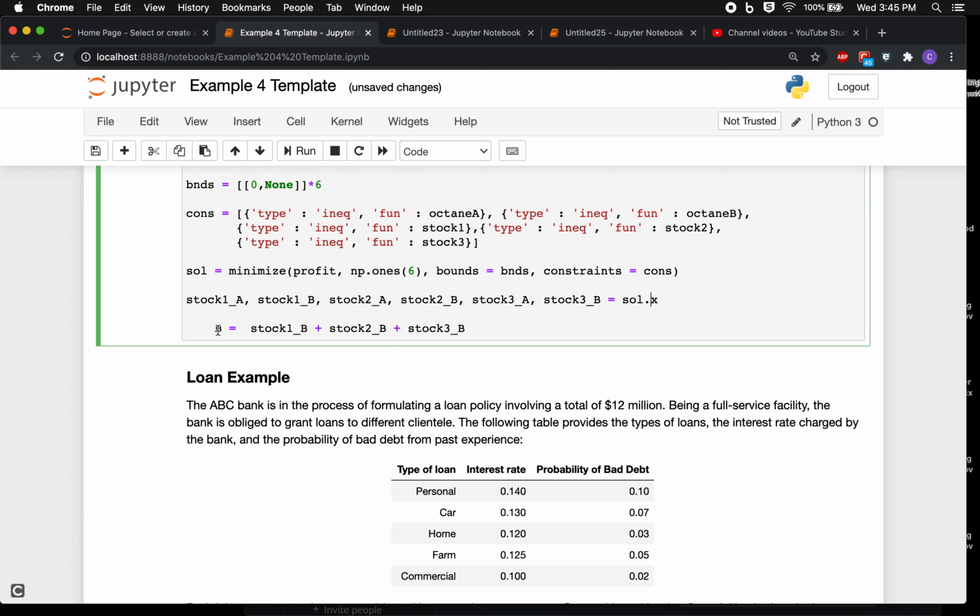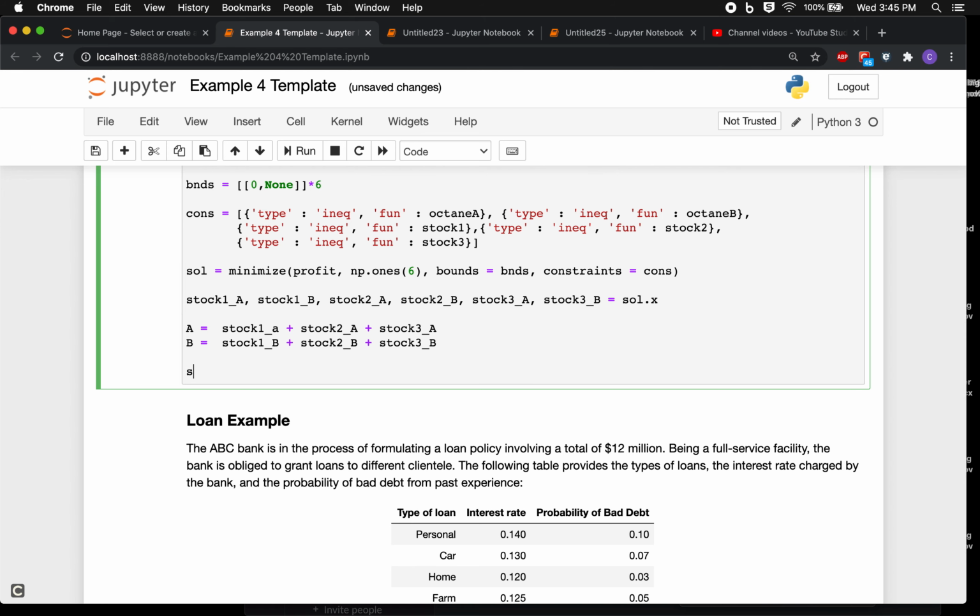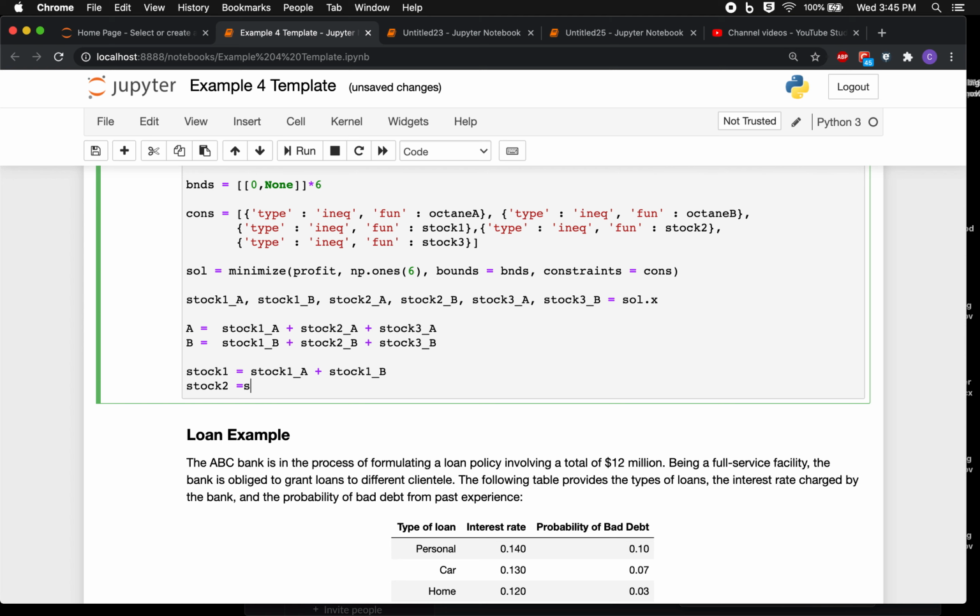Then the total amount of A that I make is the amount of stock going to A, which is stock 1 to A plus stock 2 to A plus stock 3 to A. Then the total amount of stock 1 is stock 1 to A plus stock 1 to B. And then stock 2 is equal to stock 2 to A plus stock 2 to B.